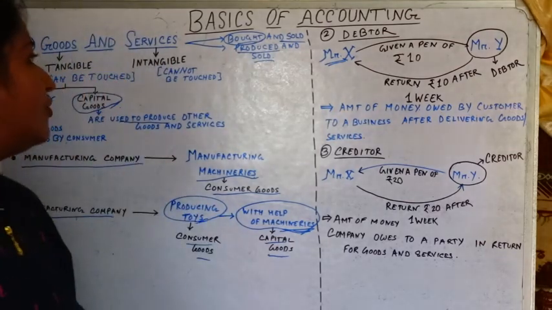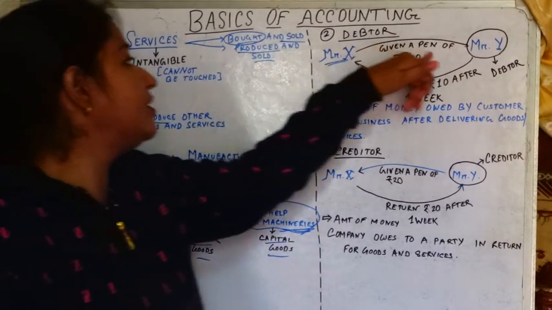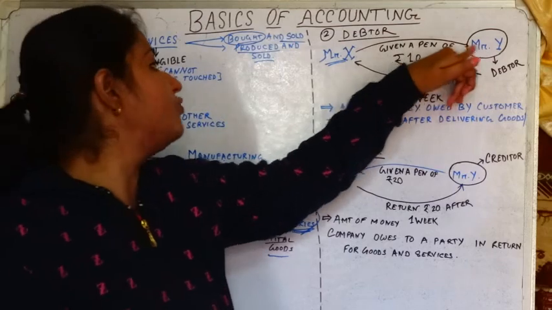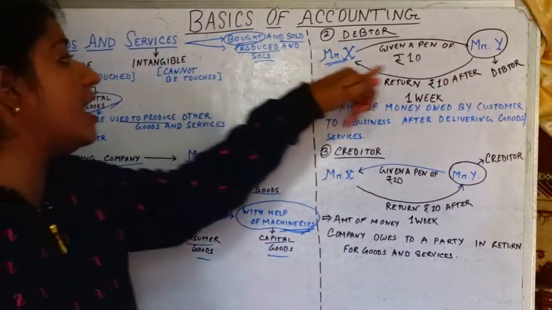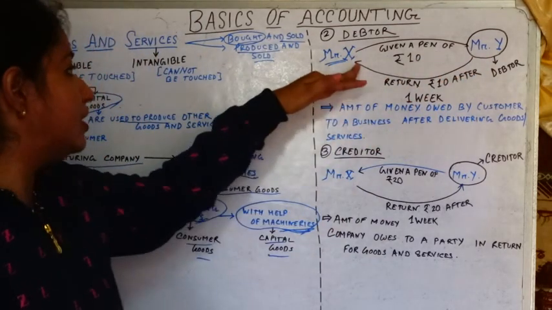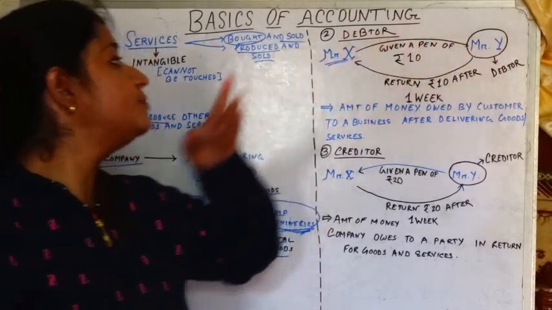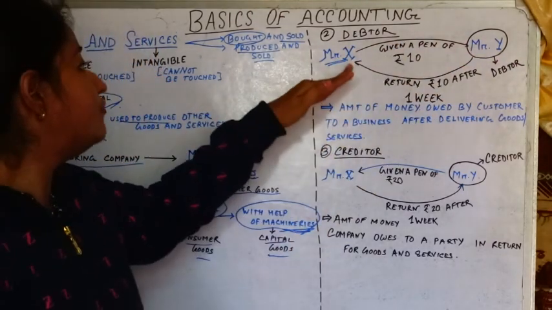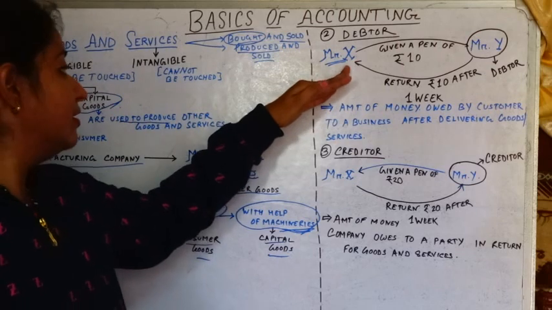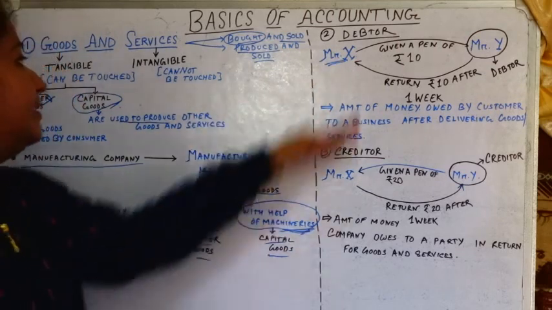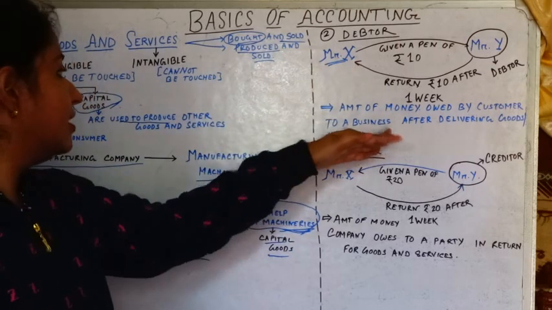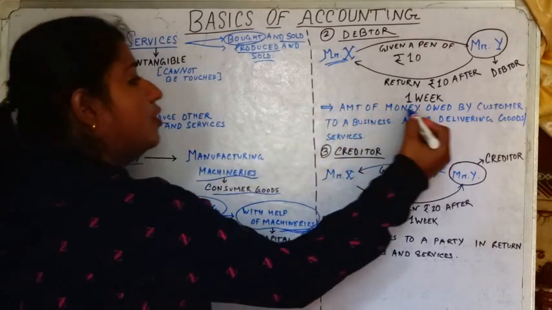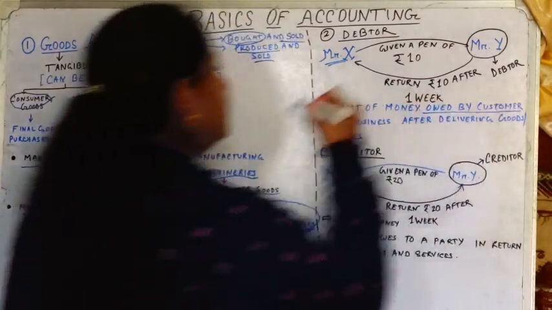Okay, now what happened? Mr. X has given the pen for now, but Mr. Y will return ₹10 after 1 week. Here, Mr. Y is becoming the debtor of Mr. X. In terms of a sentence, what does it mean? The amount of money owed by a customer.